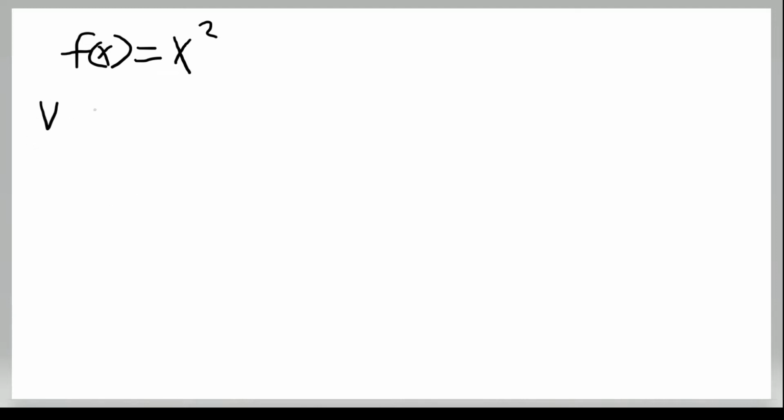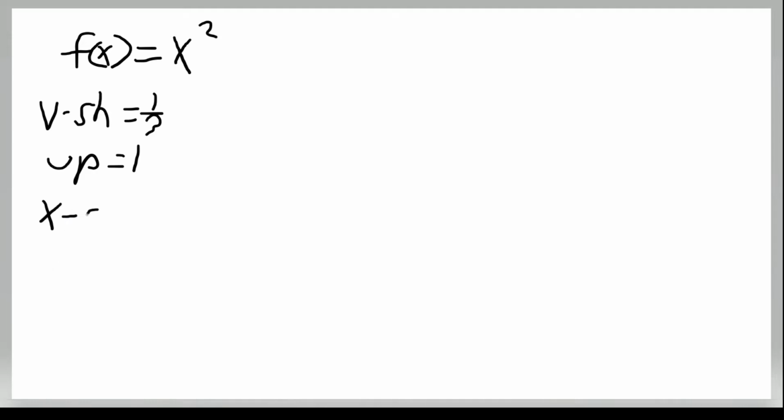I'm just going to say VSH for vertical shrink of 1/3. And then they want us to go up. They want us to go up 1. And they want to do a reflection of the x-axis.